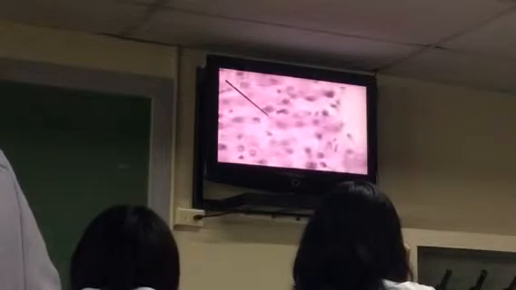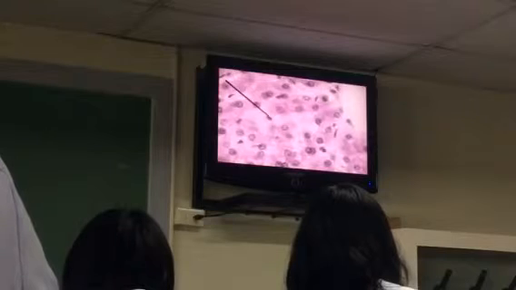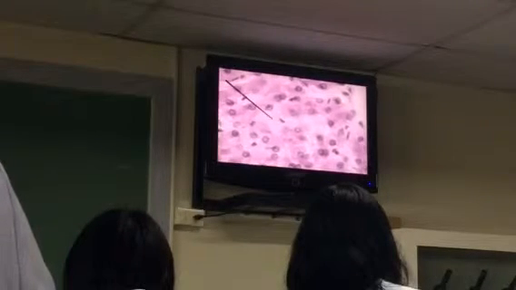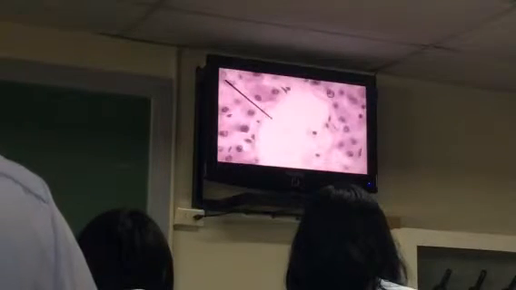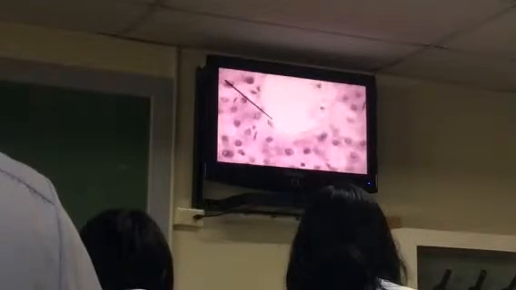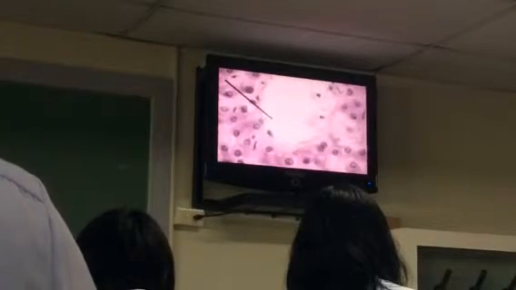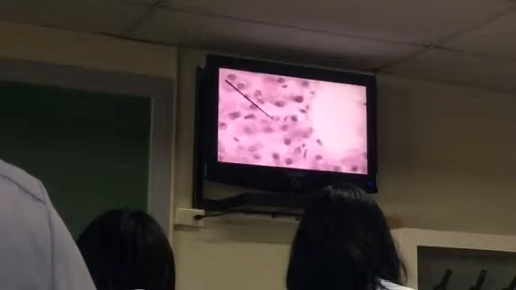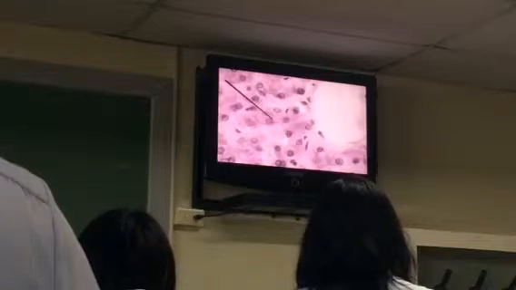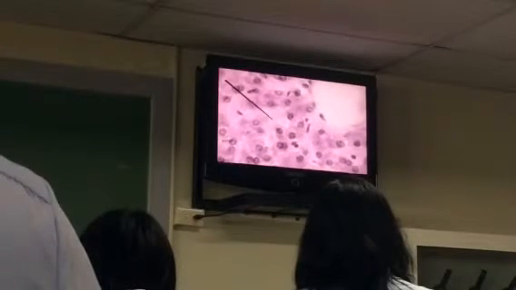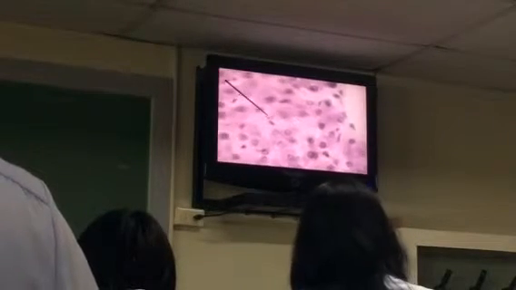Again, this one, another one. Identify this structure. This will be your central vein. And of course, you have your hepatocytes, the parenchyma. Identify the space we call your sinusoids. Identify the structures.